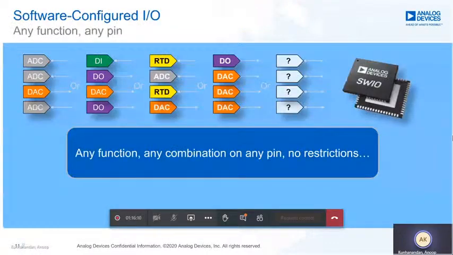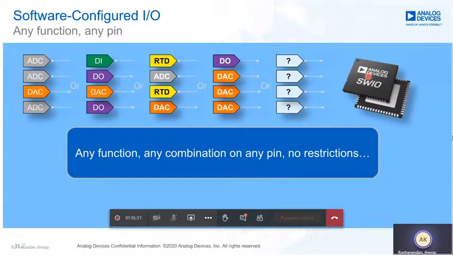So what is software configurable I/O? As far as the user or a developer is concerned, you really don't have to worry about what is built into the chipset. It could be an ADC, it could be a DAC, or it could be threshold comparing circuitry, but you really don't have to worry. It is just a black box for you. You communicate to the black box over SPI or I2C and configure it the way you want.